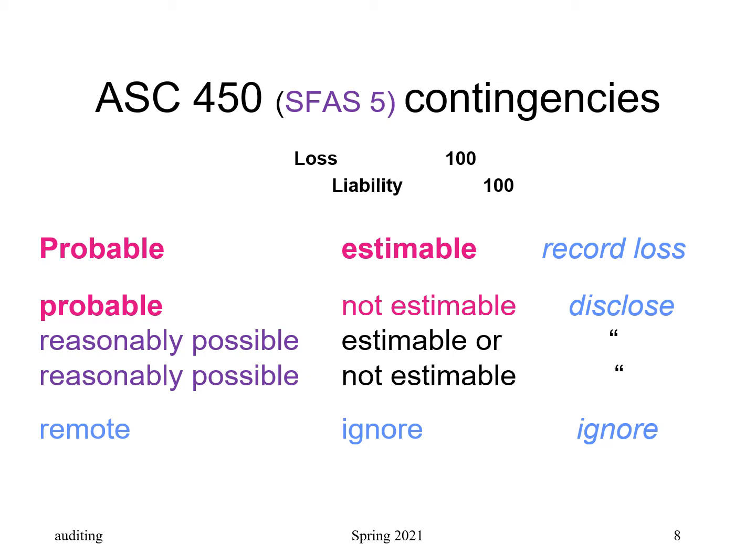That's the degree of certainty we require. So probable, reasonably possible, and remote are 3 kind of important words. A few accounting standards related to income tax expense now use more likely than not. But for the most part, we deal with probable.